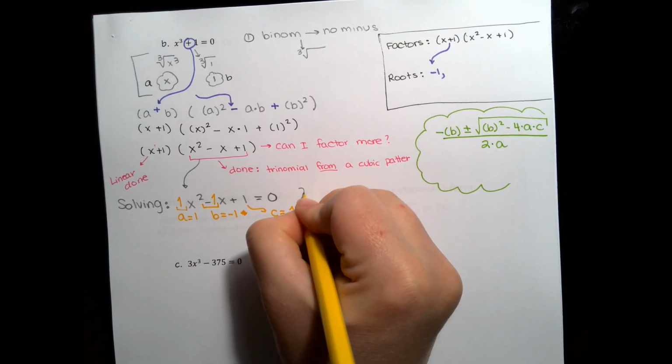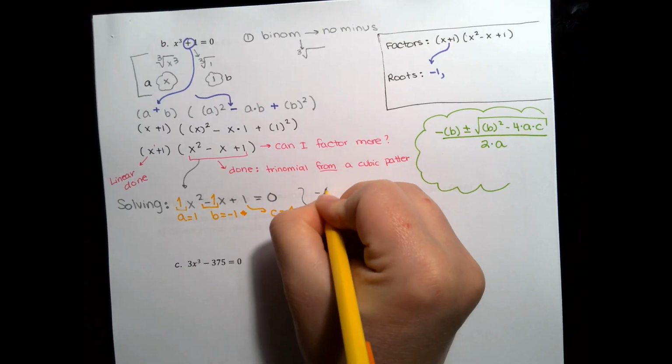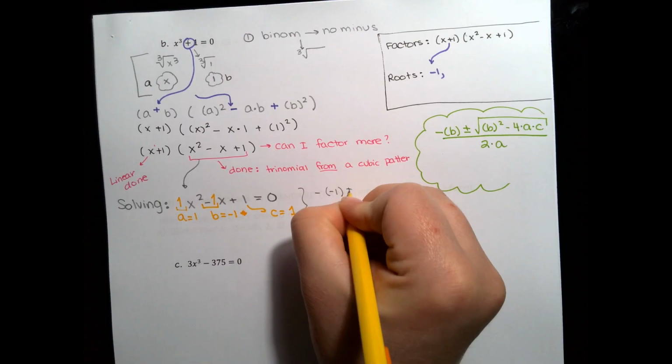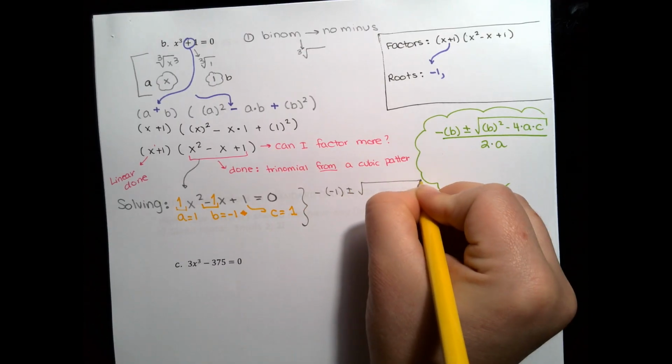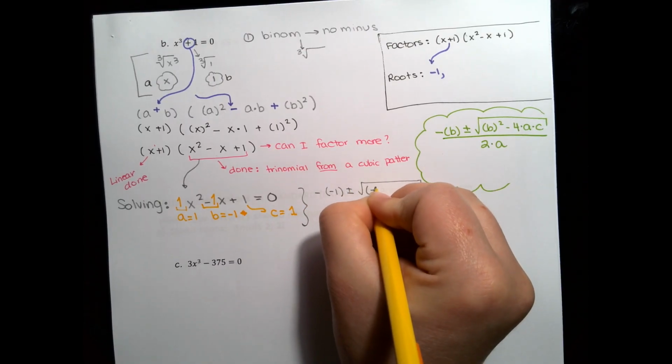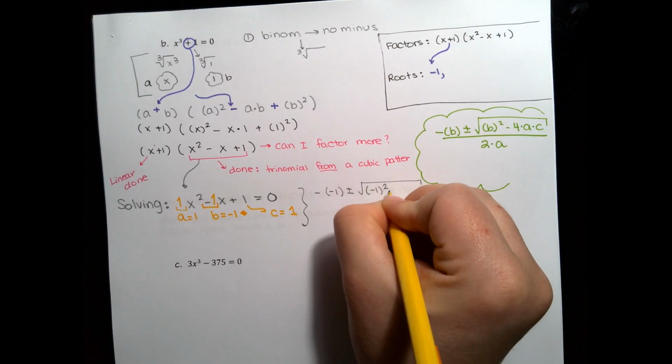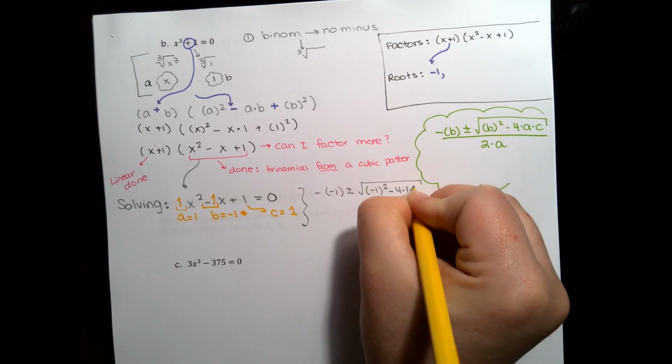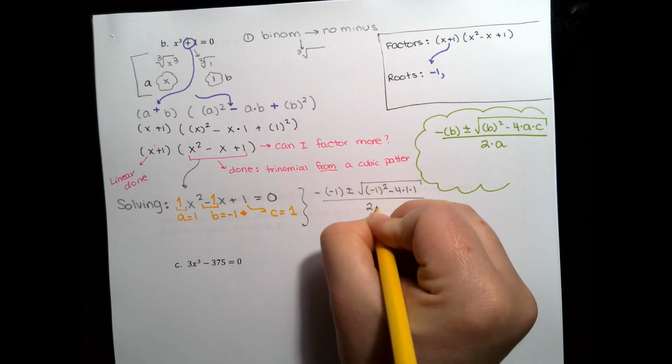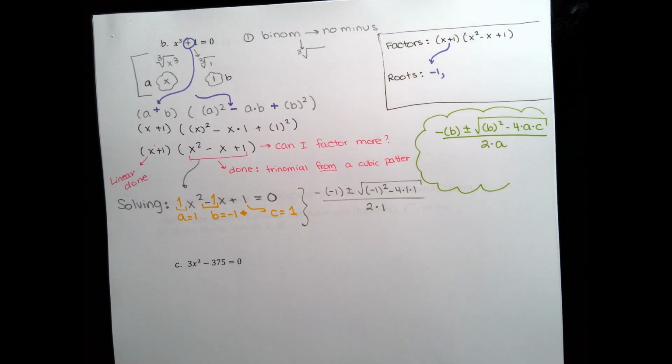Okay, so what that looks like for us is -b, be careful here with the double negative, plus or minus the square root of b, again, careful with the negative, squared minus 4ac all over 2a.